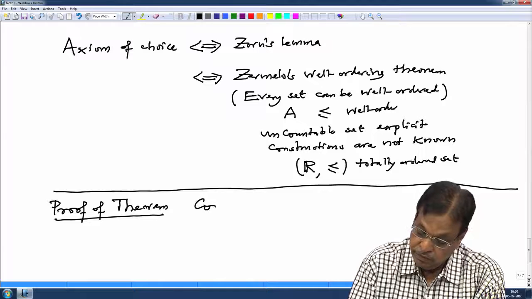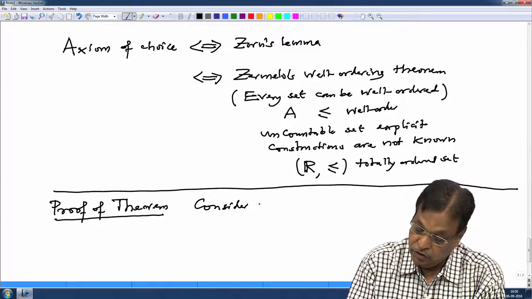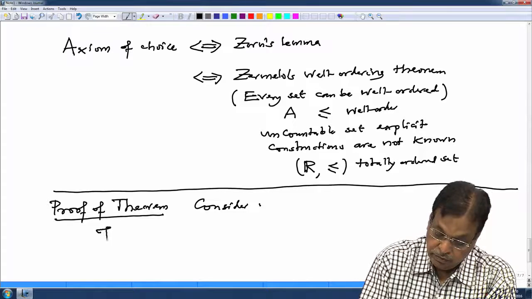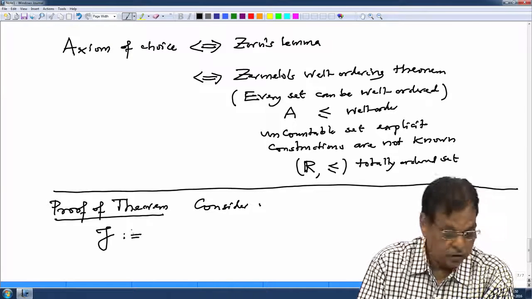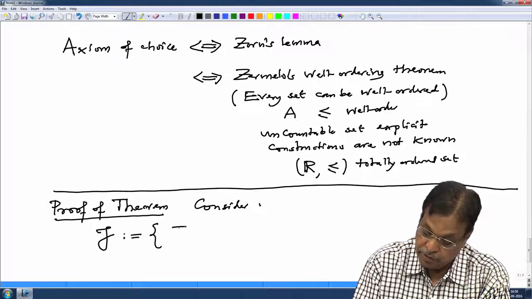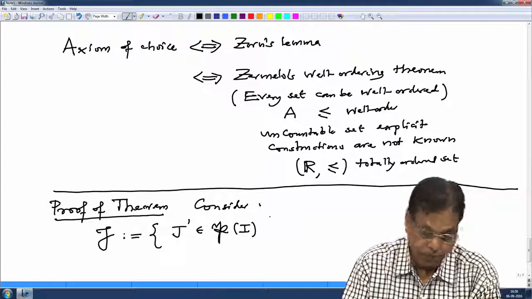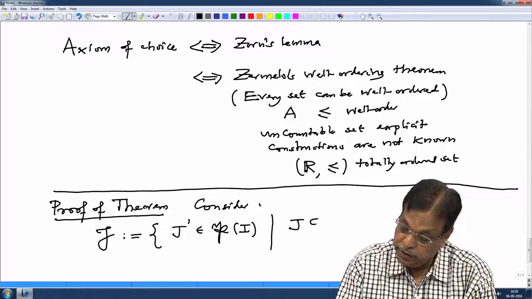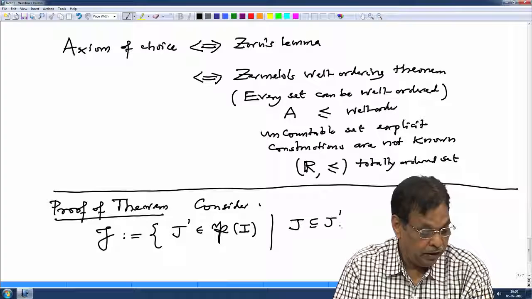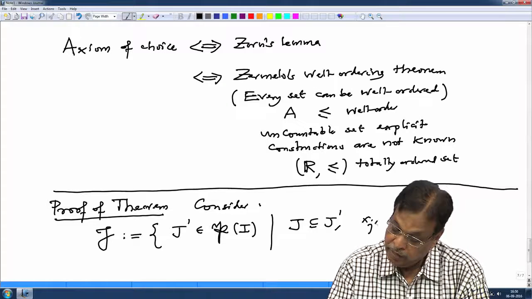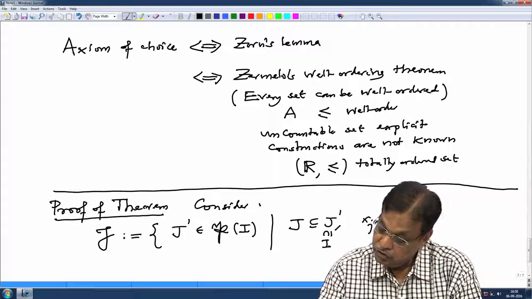So consider a set, script J, I will call it. By definition, I collect all those J' in the power set of I, that means all those subsets J' of I such that J is contained in J' and the family (x_i) for i in J' is linearly independent.